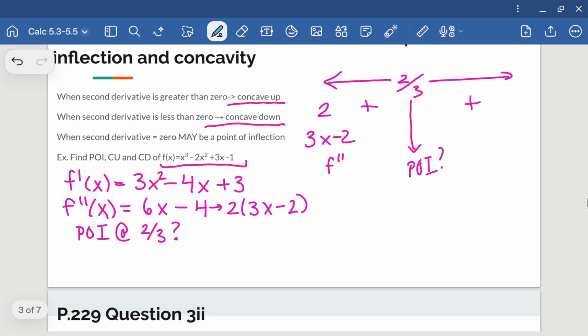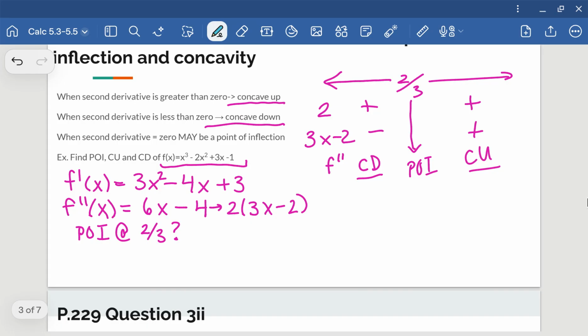If you plug in a number smaller than 2/3, your factor will be negative, and if it's greater than 2/3, it will be positive. So when we multiply our numbers, we see that our second derivative is negative, which means you concave down, and then with both of them positive, you concave up. Because we're switching from down to up, we definitely have a point of inflection at 2/3.